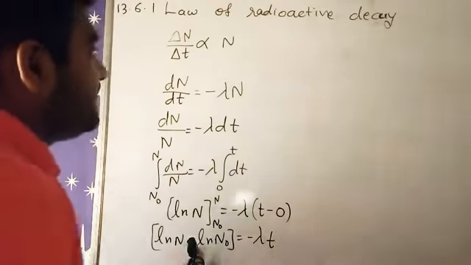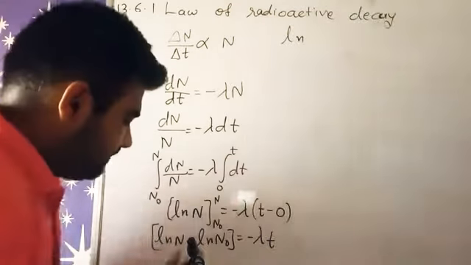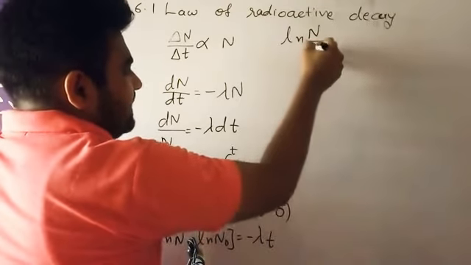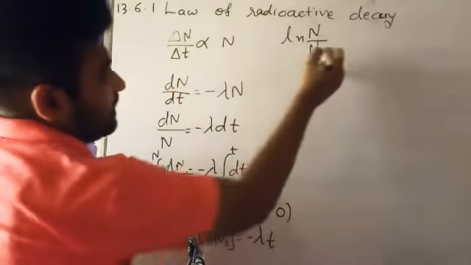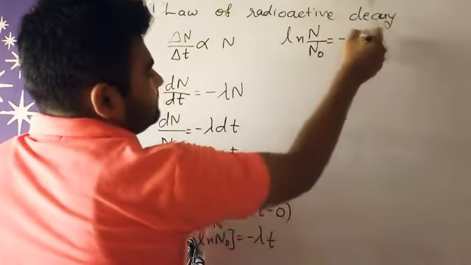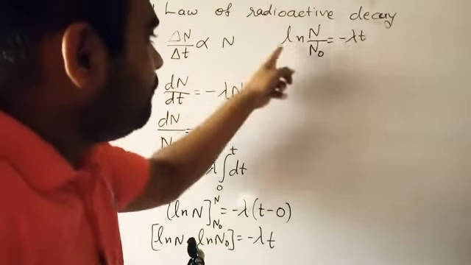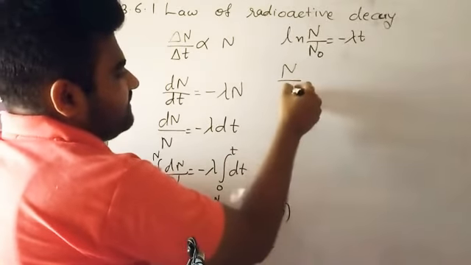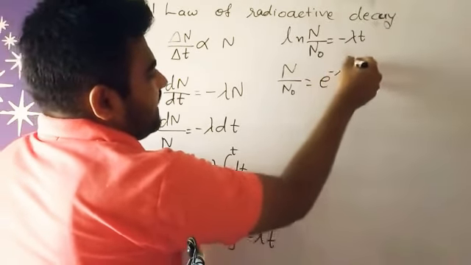Because of subtraction, we can write it as division: ln of N upon N0 is equal to minus lambda t. Now if I remove ln from here, N upon N0 is equal to e raised to minus lambda t.